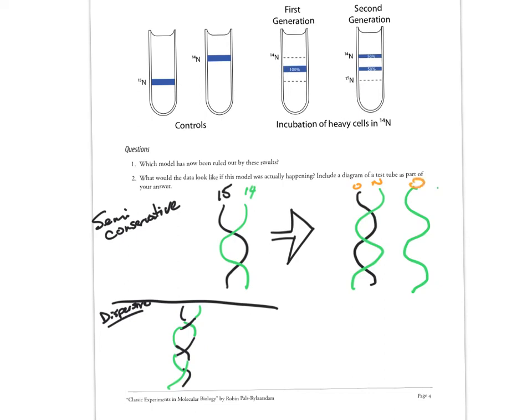And of course, the new strand has to be nitrogen 14. That's all it has an option for. So now what is the expectation after the second round of replication, second round of copying?